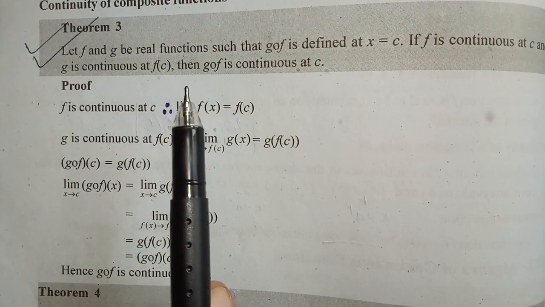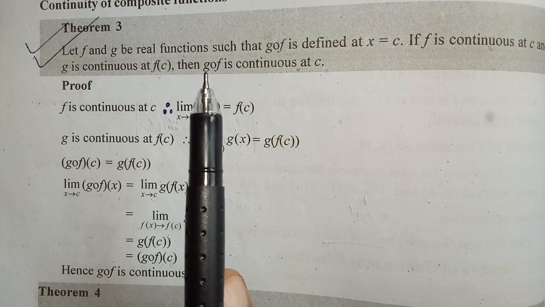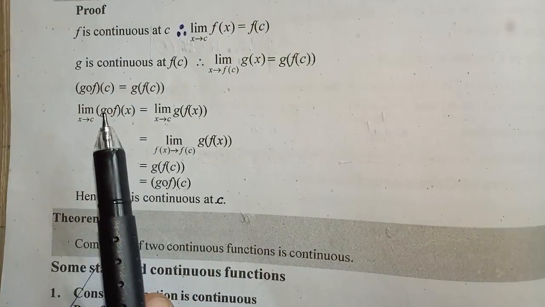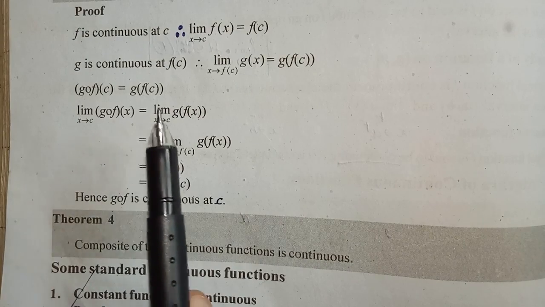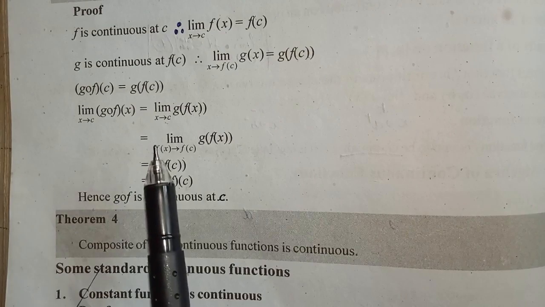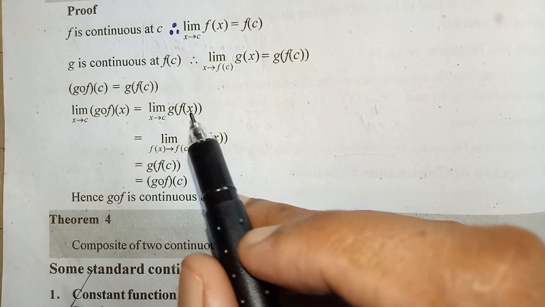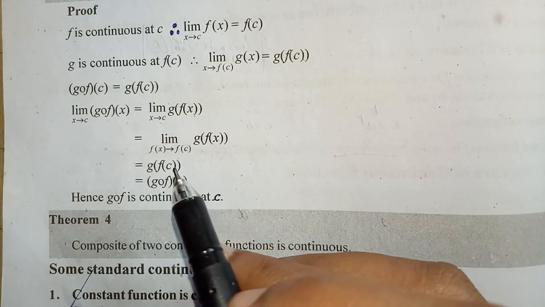Now what are you supposed to prove? You are supposed to prove limit as x tends to c, g of f of x is the same as g of f of c. Yes, so I have started with limit as x tends to c, g of f of x. Now by the definition of composition, this will become g of f of x. So now this will be the same as, now what will happen, because f is continuous at c? This f of x will become f of c, right? Can you see here?